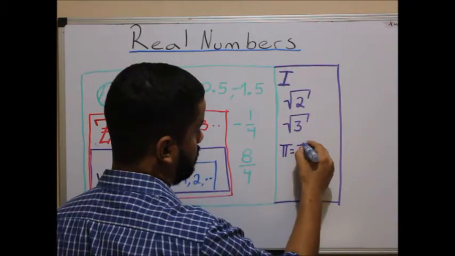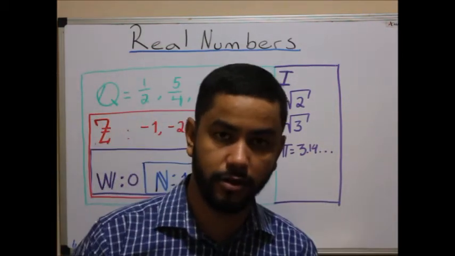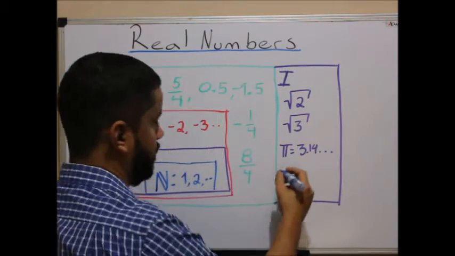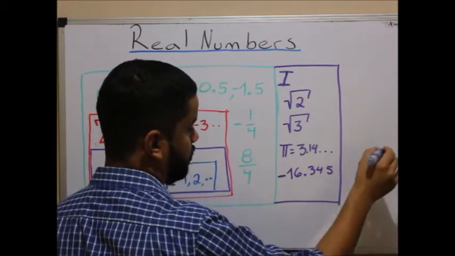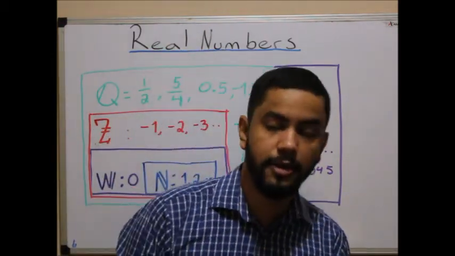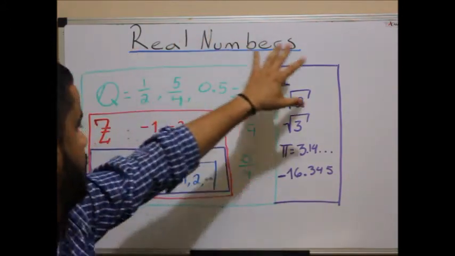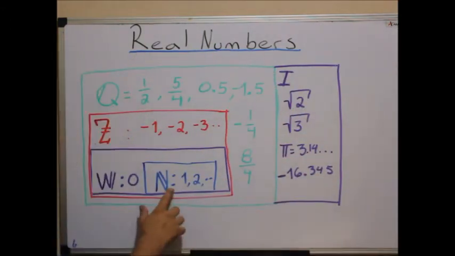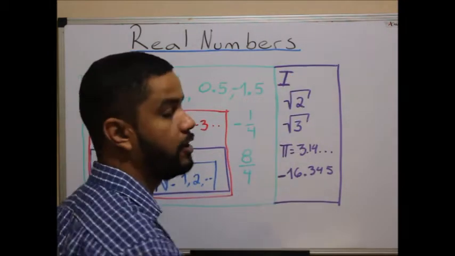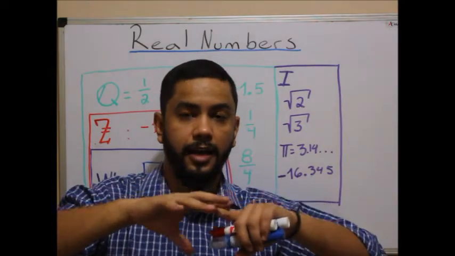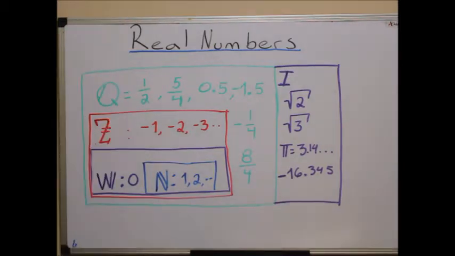Pi, which is 3.14 and goes on with a lot of digits, is an irrational number. Or any number that you can create by yourself, like -16.345, and you can continue adding decimals. Those numbers are irrational. And all of them, the natural numbers, whole numbers, integers, rational, and irrational, are inside a main set that is the real numbers.